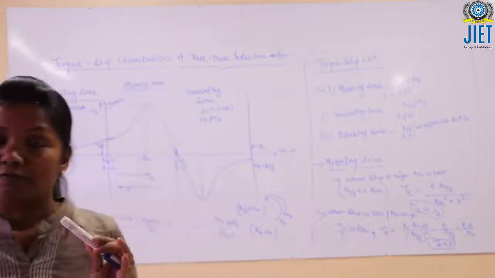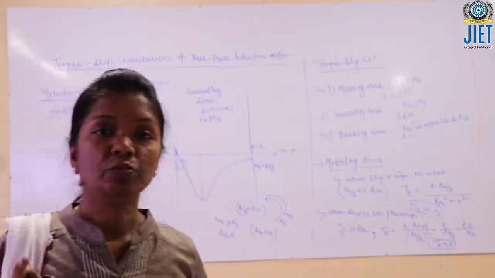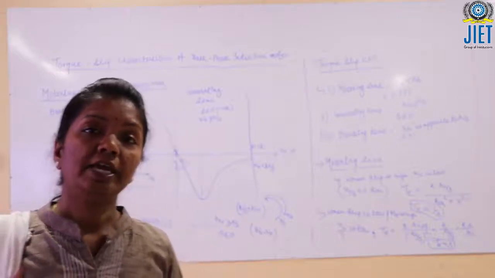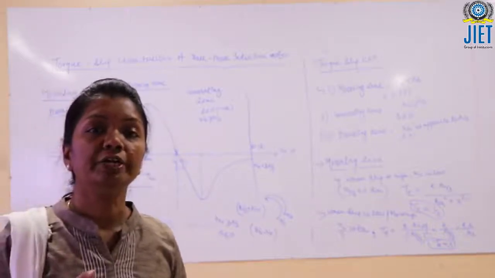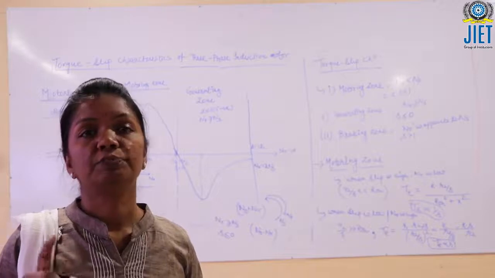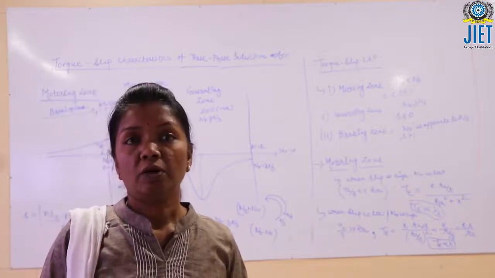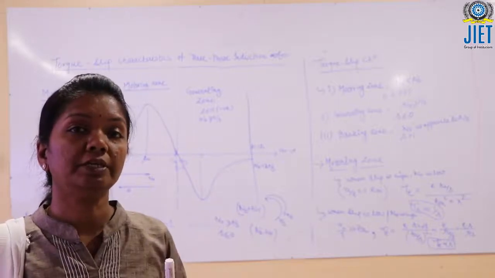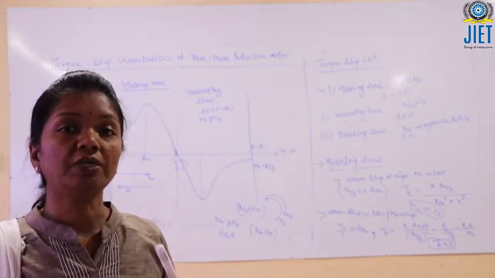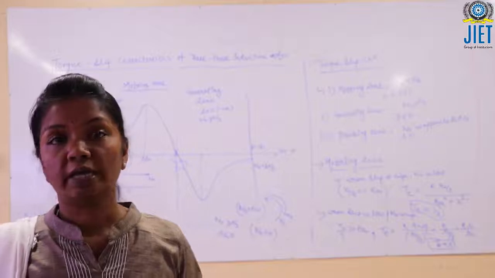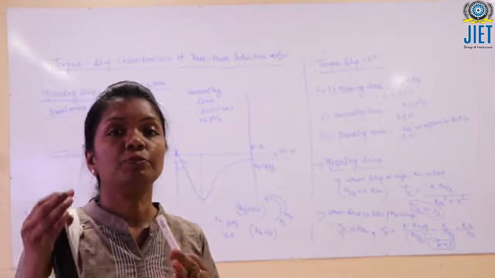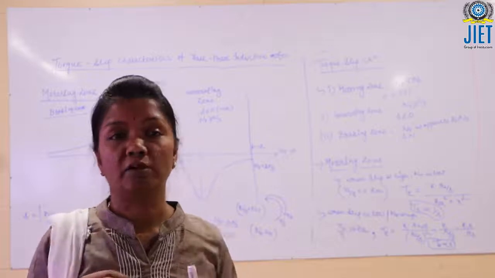We found the value of I2 in the equivalent circuit, and then substituted the value of I2 into the expression of torque, which is Pg by omega s. We got the detailed expression of torque, and in it the slip was present in the numerator as well as denominator.